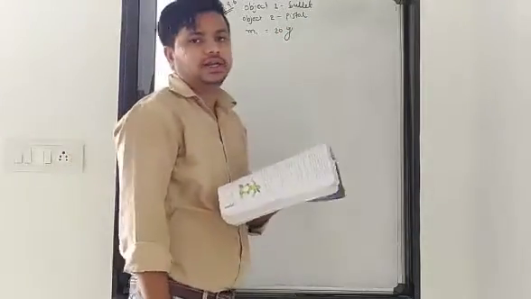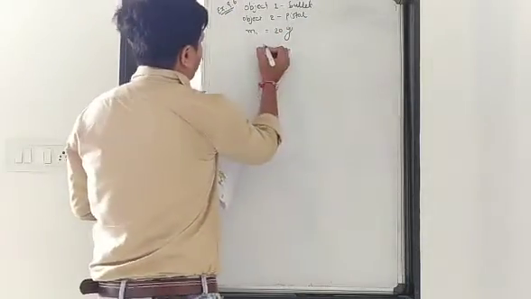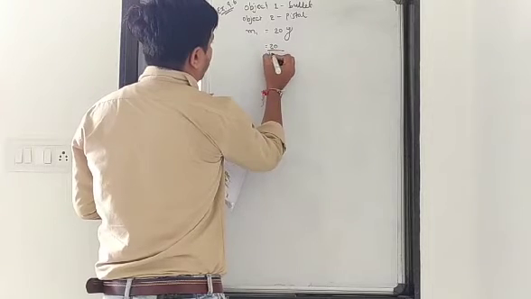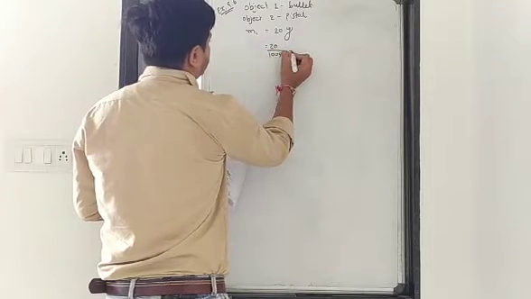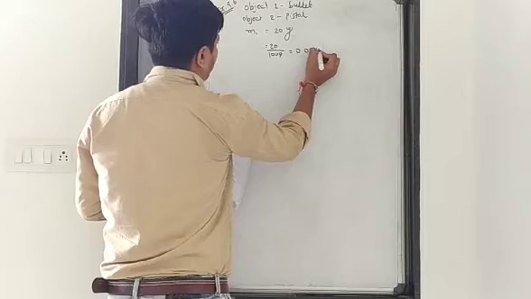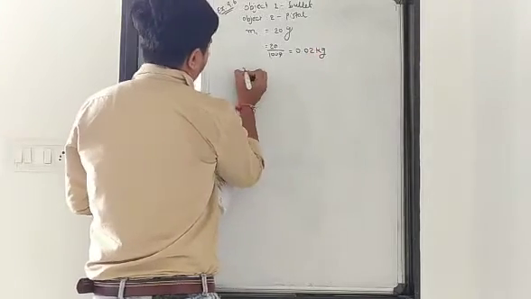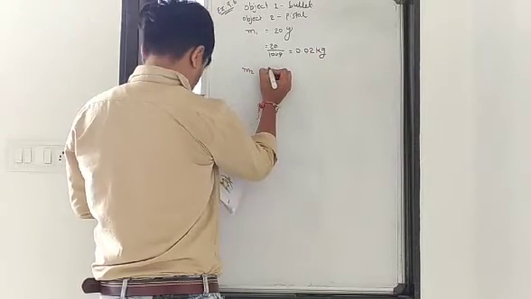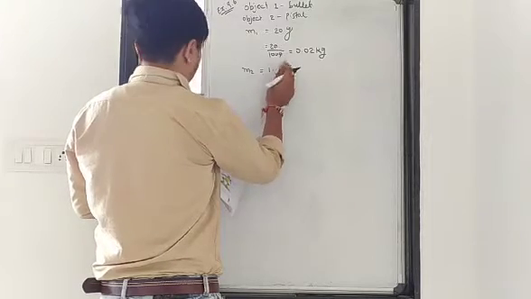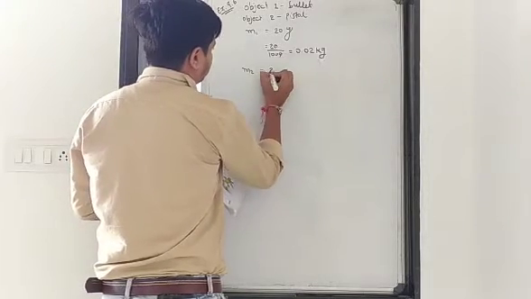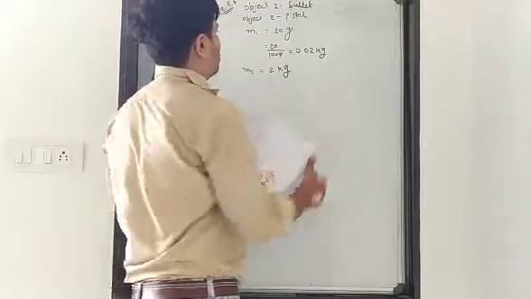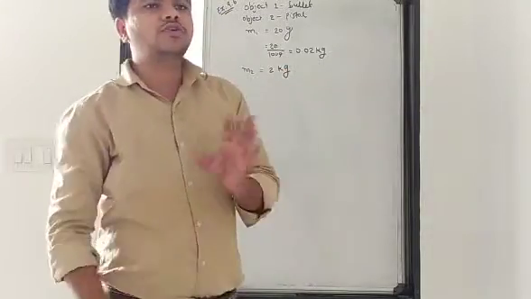Then you have to convert it into kg. Then you get 20 divided by 1000, so it's 0.02 kg. Now the mass of the pistol is 2 kg.